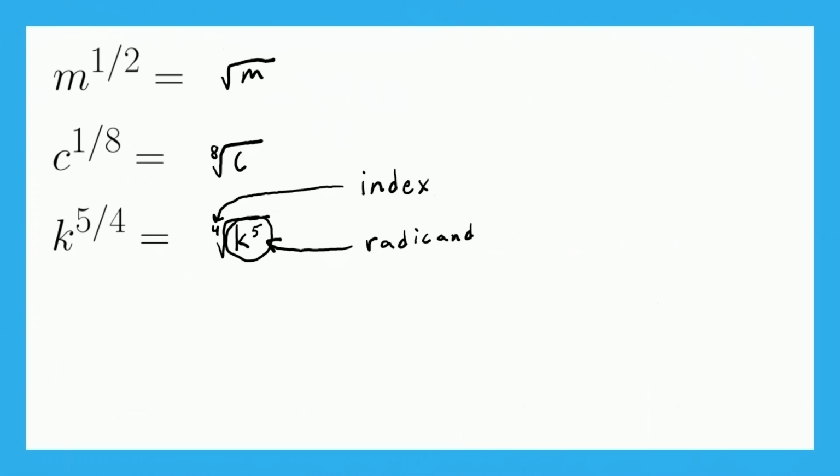Keep in mind that 5 by itself is not the radicand. The radicand is k to the power of 5, that entire expression. Just like in this case above, c is the radicand, and in this case above that, m is the radicand.